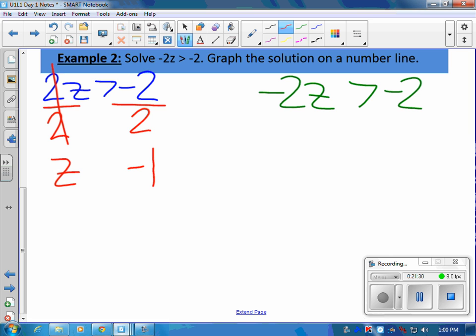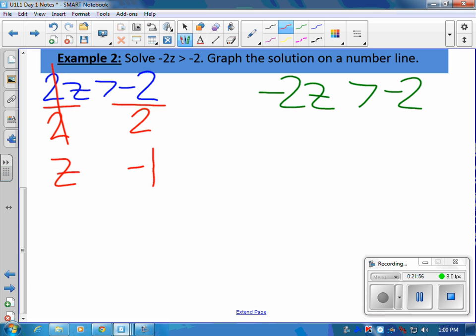So I've divided both sides by positive 2. What sign goes in the middle? What do we think? What inequality symbol is going to go in between these two values? I want you to raise your hand if you think I need to put a greater than symbol in between these two values.